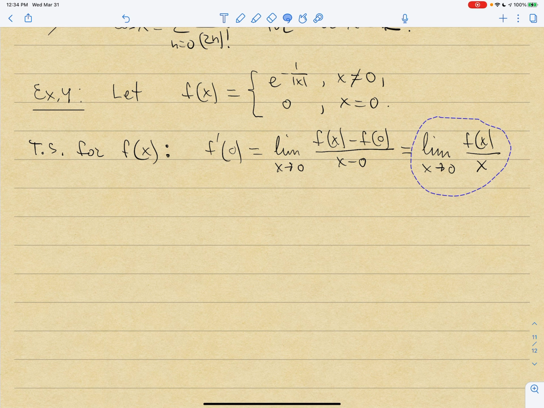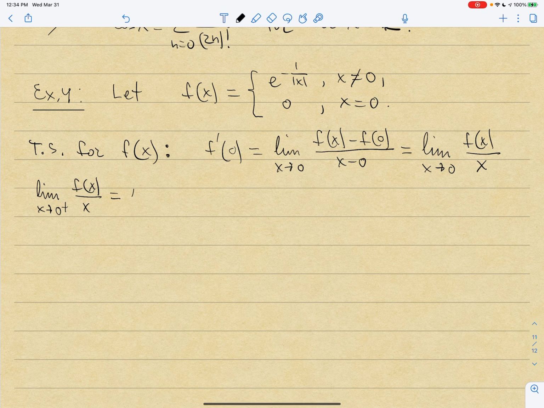So let's take the limit as x goes to 0 plus of f of x over x first, and then we will extrapolate to the limit from the left. So what is that?